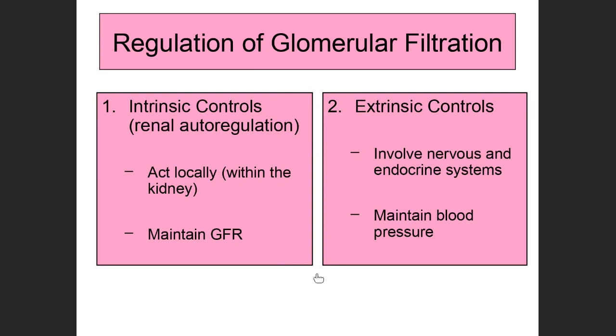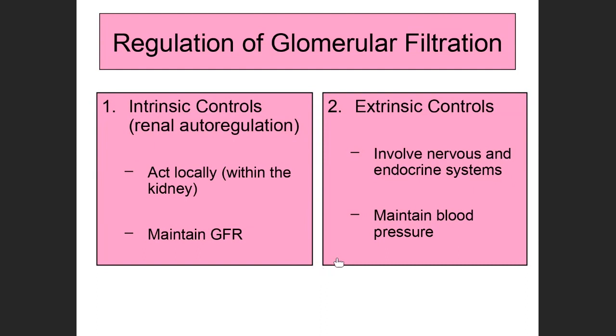When this happens, when you've got either a big increase in blood pressure or a big decrease in blood pressure, glomerular filtration becomes under the control of what are known as extrinsic controls. So they are extrinsic controls because they are outside of the kidneys. They're extrinsic to the kidneys.